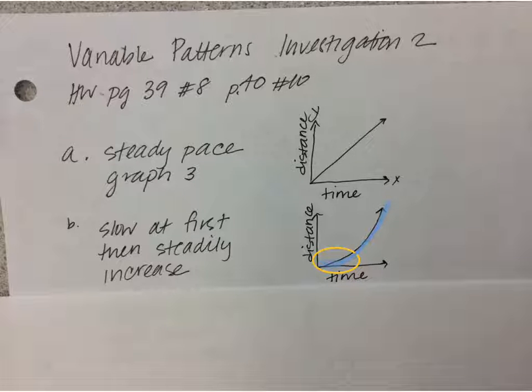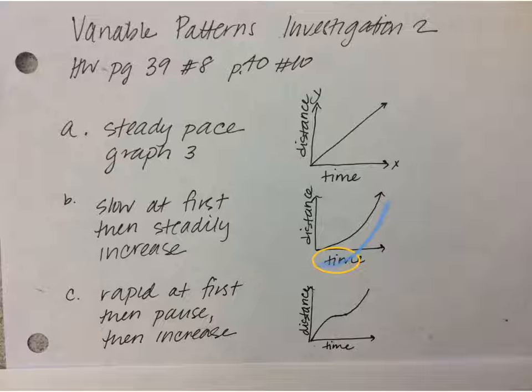So when we do this, I'm going to add in the next graph for C. I'm going to get the eraser out. And for C, it indicates that it's rapid at first, and then there's a pause, and then you increase. I would say that this looks closer to the graph shown here.